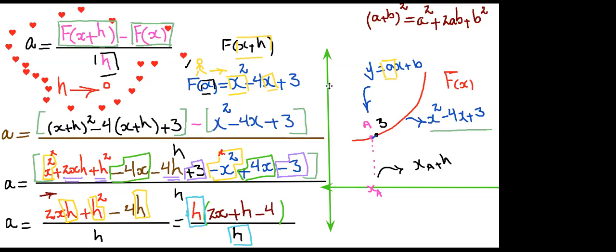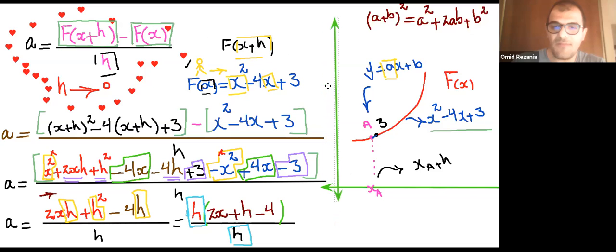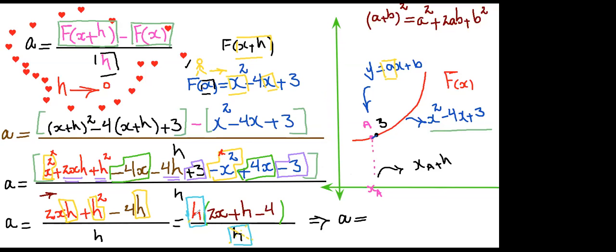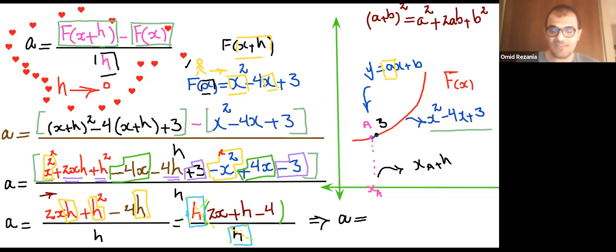Yes. If you say that I can simplify them, I say, okay, if I want to simplify that, I just come here and say it's going to be like that. My A, which is the slope of the line between point A and B, which are changing so fast, is going to be this h factored out and cancels out with the h, because one is downstairs, the other one is upstairs, and they are gone.